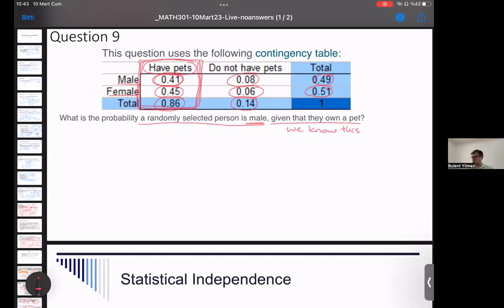I'm explaining once again. It is given that people are owning a pet. So we are here, and I'm interested in the probability of the selected person being male.